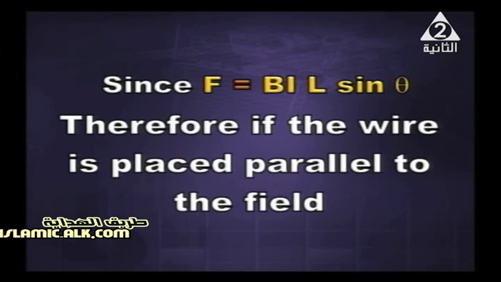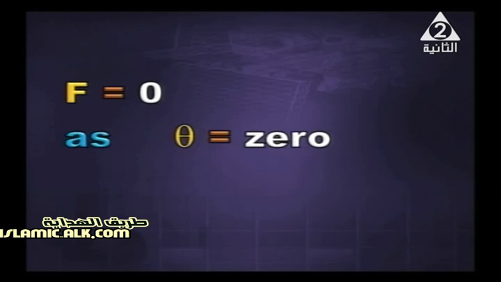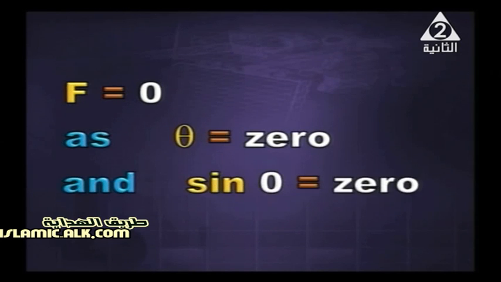Therefore, if the wire is placed parallel, the angle is equal to 0, and sine 0 is 0, so force is equal to 0. This explains why the wire will not be acted upon by a magnetic force when it is placed parallel to the field.